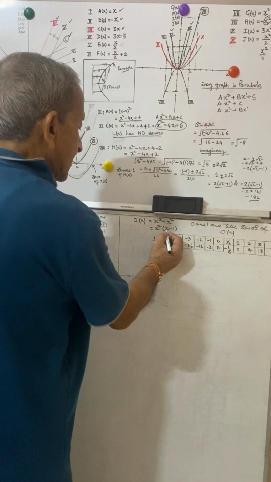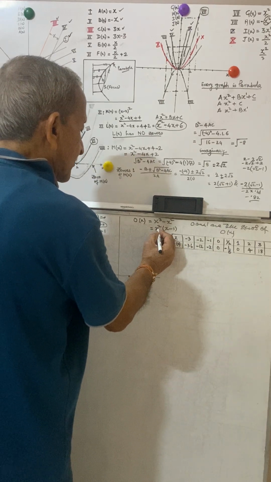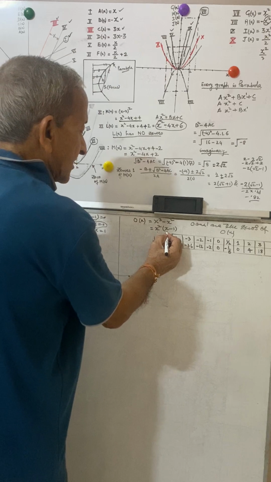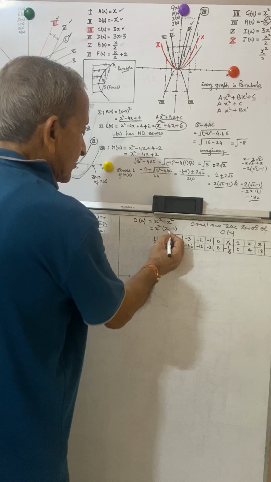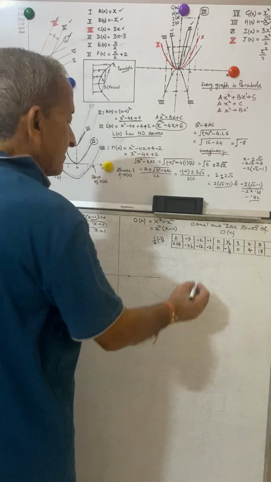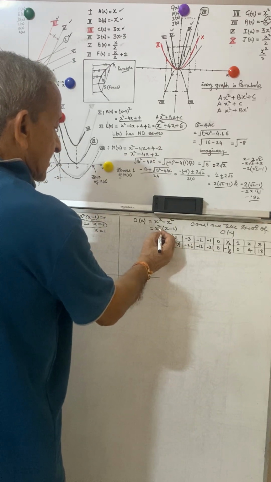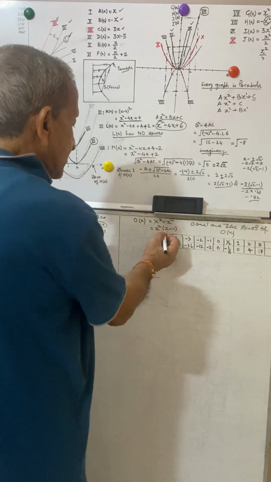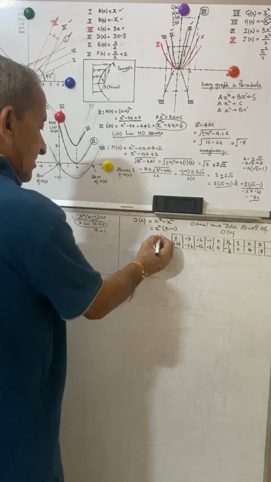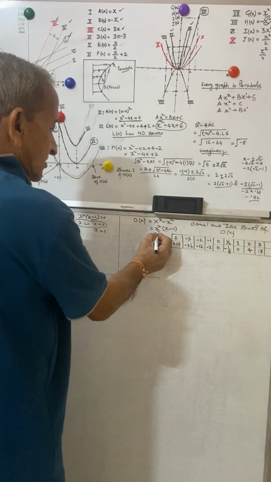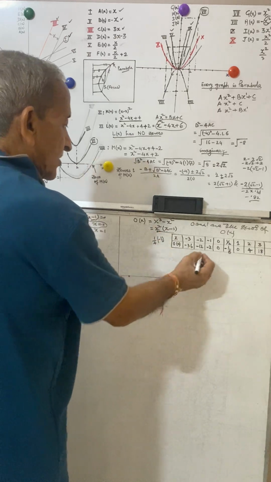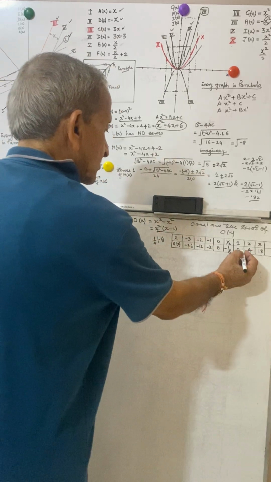For minus 2, minus 2 square is 4, 4 into minus 3 is minus 12. For minus 1, this will be 1 into minus 2, that is minus 2. At 0, substituting x equal to 0, it will be 0.